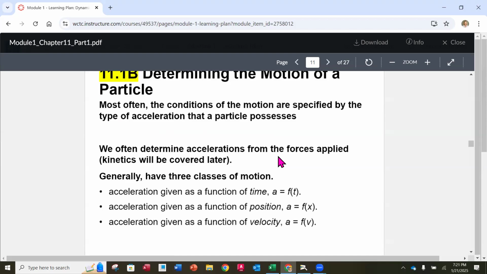This is 11.1. And this is where they identify that, as we just looked at, we had the equation for the position, the position in relationship to time, is where we started. Then we did 2 derivations to get the velocity as well as the acceleration. But sometimes, and actually more often, we might have acceleration given to us, and we want to go backwards and find out what the velocity is and what the position is based on time.